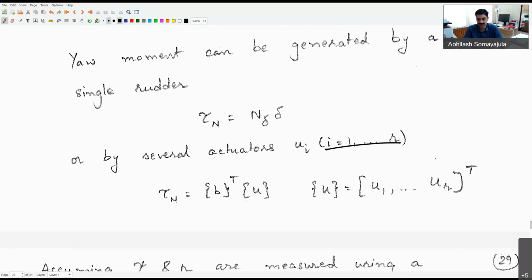I can put them all in a vector U and find the moment I'm generating, which is equal to some thrust allocation matrix B transpose times U. In this particular case it will be scalar because tau N is scalar, so B has to be a single dimensional vector. Otherwise, if tau was a generalized force vector, then B could be a matrix.